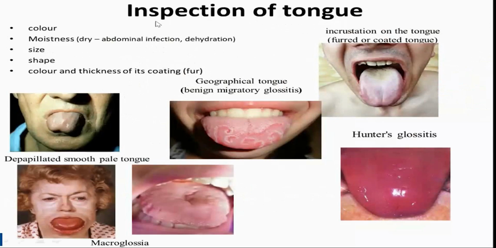Inspection of the tongue. The tongue is a very interesting thing, and you know that it could reflect many pathological processes. It's not specific, of course, but you should pay attention to the tongue. A very common thing is when the tongue is covered with something, so a coated or furred tongue. It means that this patient has a severe process, probably an inflammatory process, an infection somewhere, we don't know.